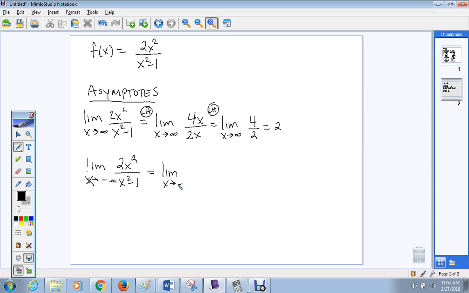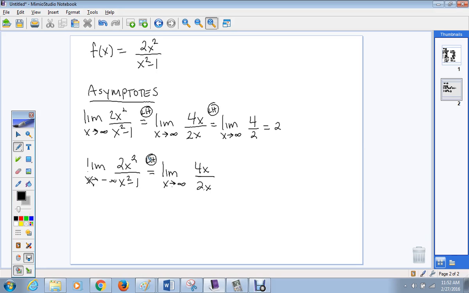So we can apply L'Hopital's rule. And again, applying L'Hopital's rule, we can now use direct substitution or simplify before we use the substitution.